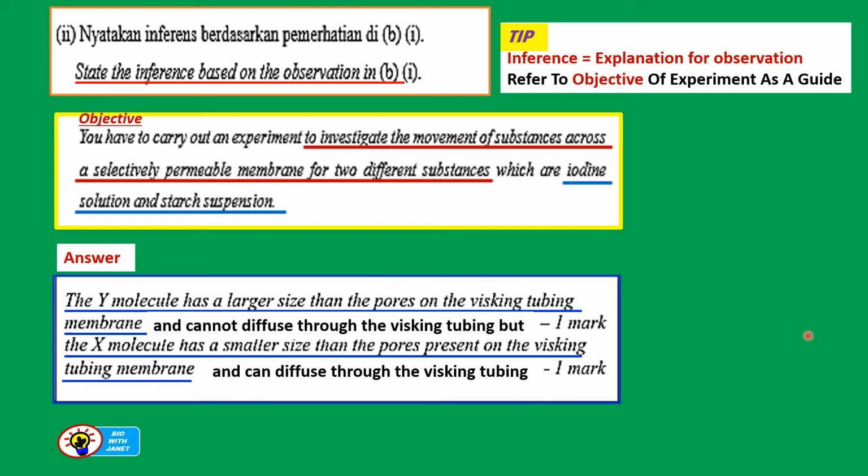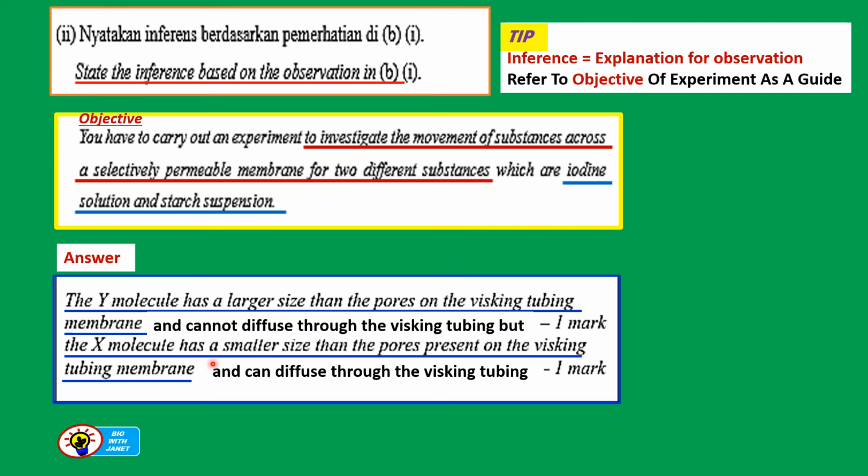So let's look at our answer. Now, we can talk about molecule Y, which is the starch molecules. The starch molecules, or the Y molecules, have a larger size than the pores on the whisking tubing membrane. Therefore, they cannot pass through the pores in the whisking tubing.